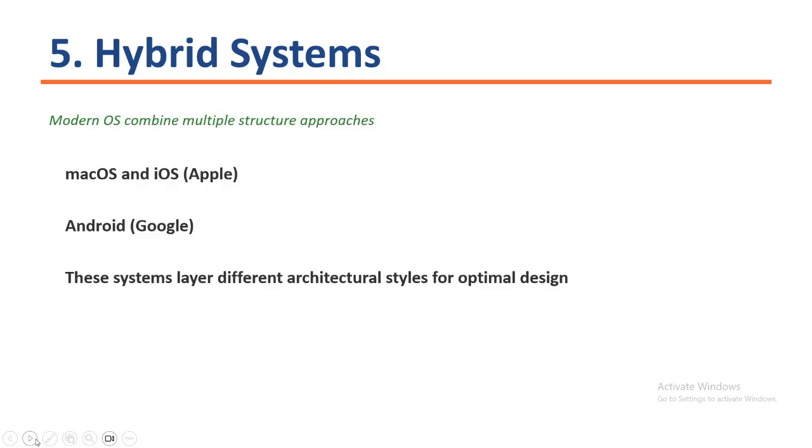These systems layer different architecture styles for optimal design. Instead of picking just one architecture and being stuck with its limitations, real systems combine the strengths of multiple approaches.